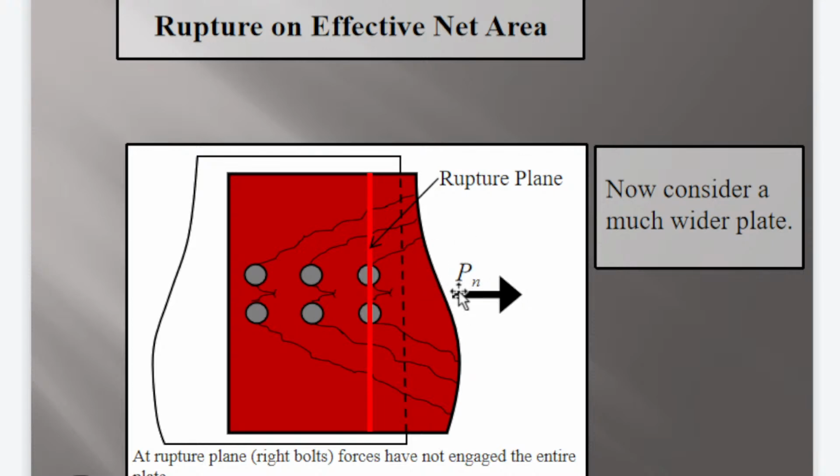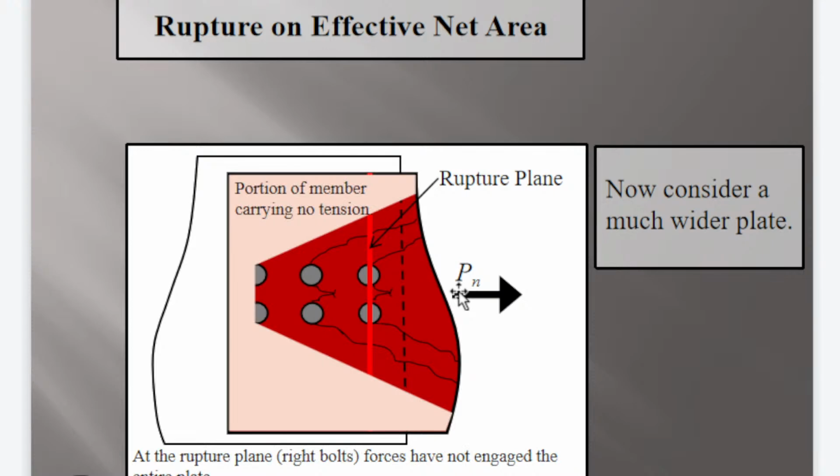When in fact, we are assuming average. Take a look, we are assuming average. So that is how different the actual is to the theory, to our model. We are modeling average, but the actual is not. These are the portions of members carrying no tension.